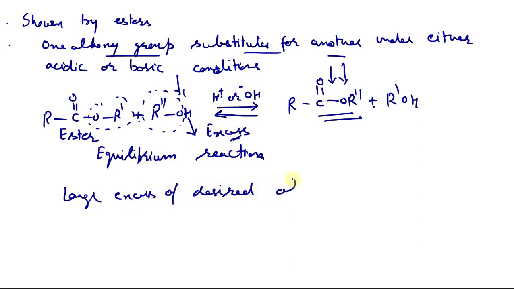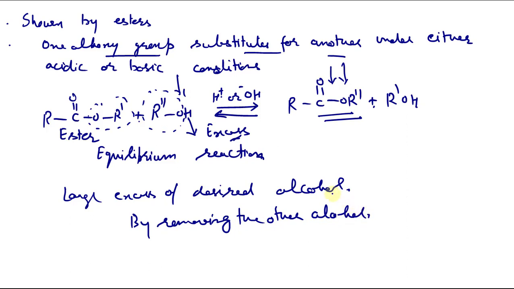The second approach is by removing the other alcohol. One way is to increase it, or another way is to keep removing it. That will also drive the equilibrium in the forward direction, and we will get more of this, as it is an equilibrium reaction.